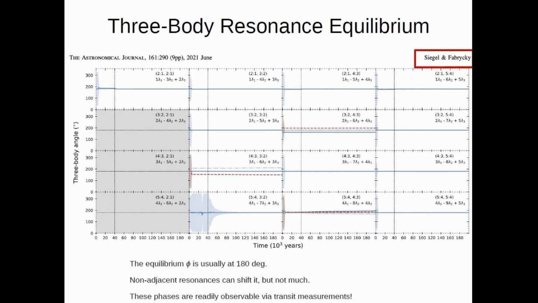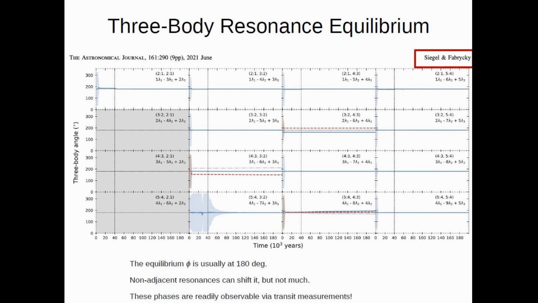This was originally done for Jupiter's moons, Io, Europa, Ganymede, by Laplace. He noticed that a combination, that would be this combination, 1 minus 3 plus 2, was librating around 180 degrees. This is called the Laplace resonance, 4 to 2 to 1 for those moons.